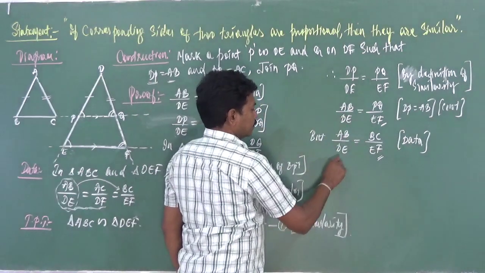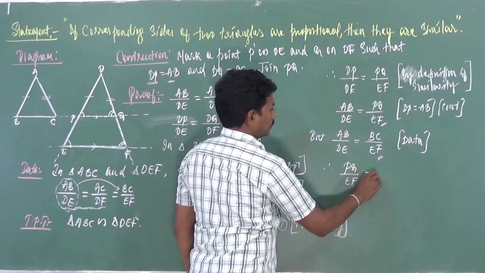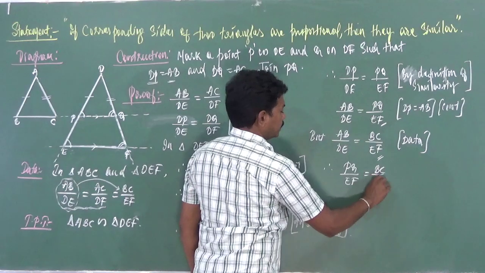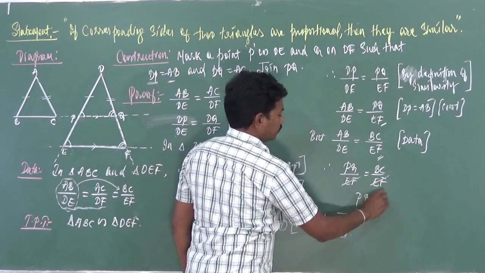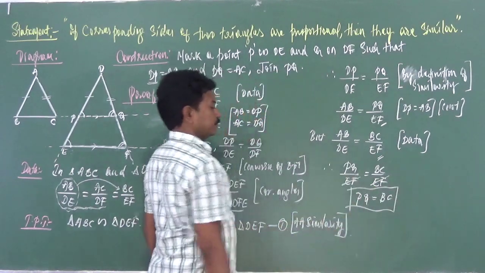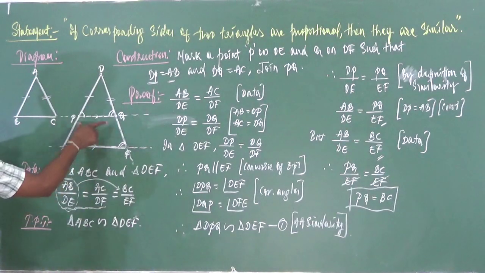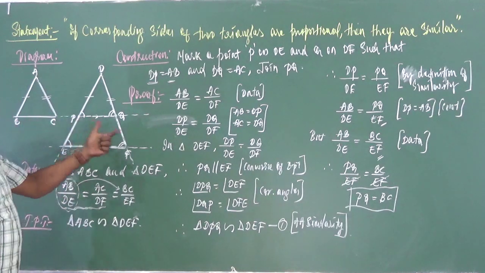Therefore PQ by EF is equal to BC by EF. If you cancel EF and EF, you are left with PQ is equal to BC, which is a very important result. At the time of construction, I did not know whether PQ and BC are equal or not, but just now we have proved that BC is equal to PQ.